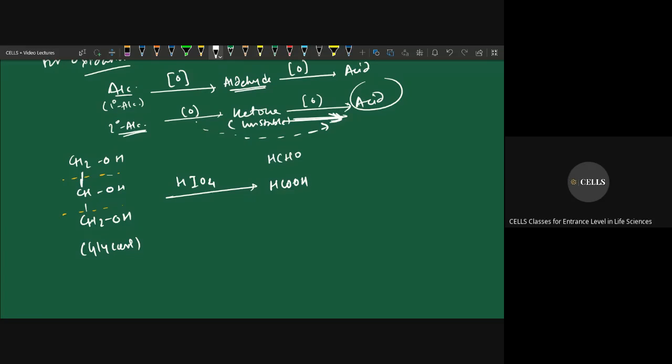This is also a primary alcohol. There is a cleavage. It is converted to 1 carbon aldehyde. Please let me know, is it clear, guys? So HCHO plus HCOOH plus HCHO. Very good.